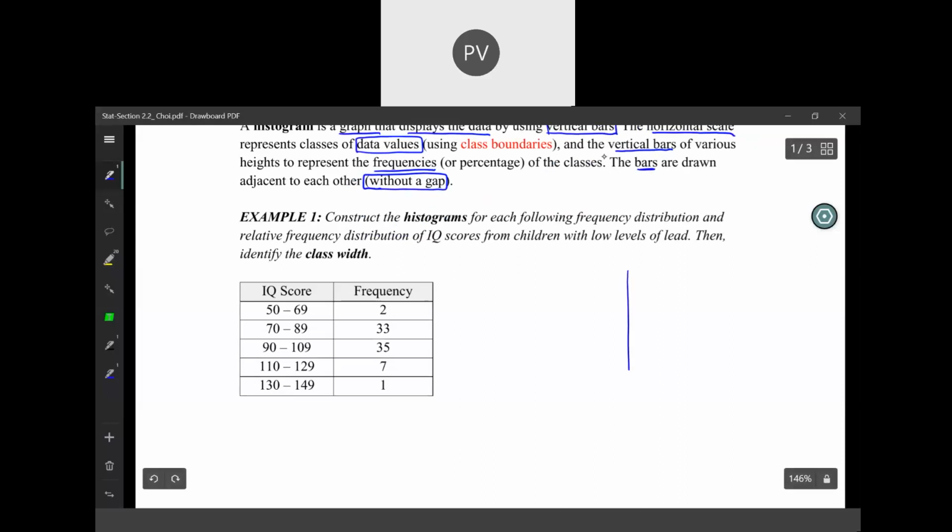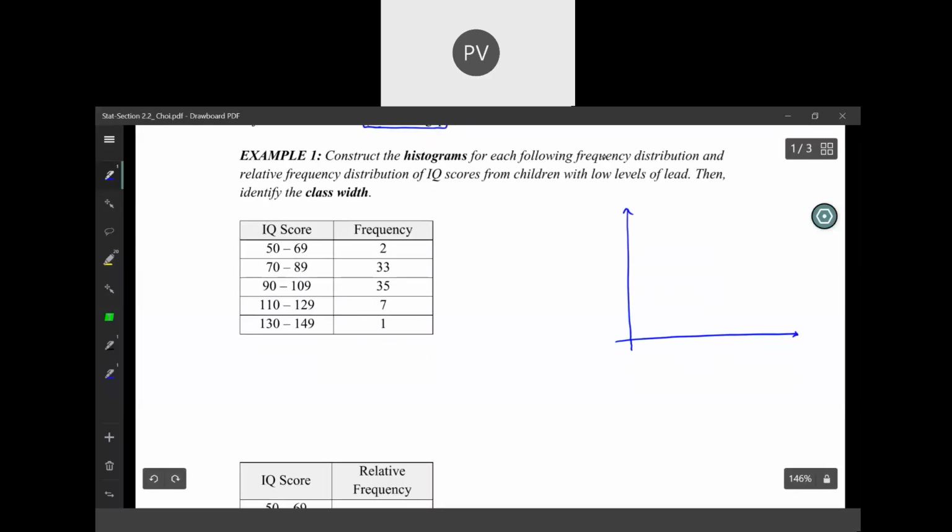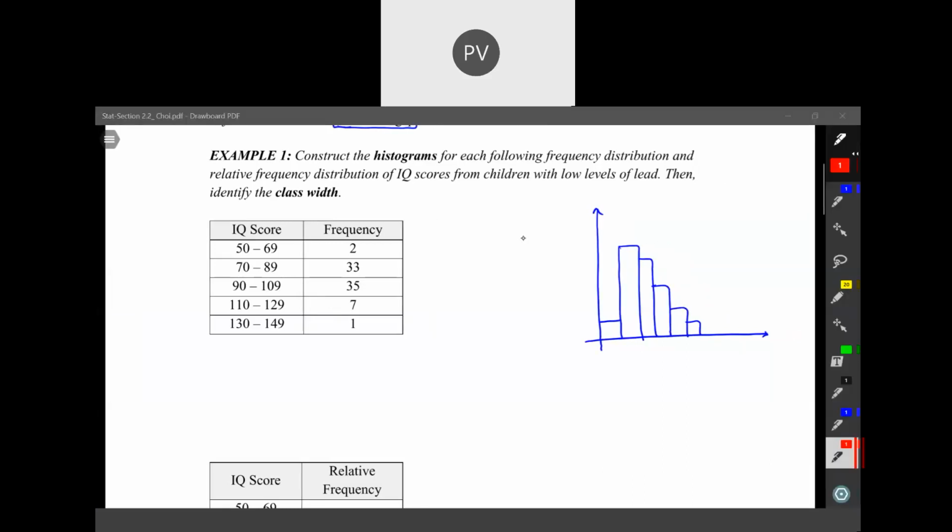Now, for example, this is how your histogram will look, and maybe like this. Here X is nothing but your classes.